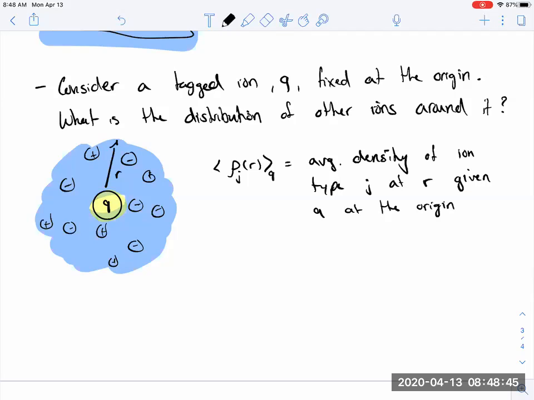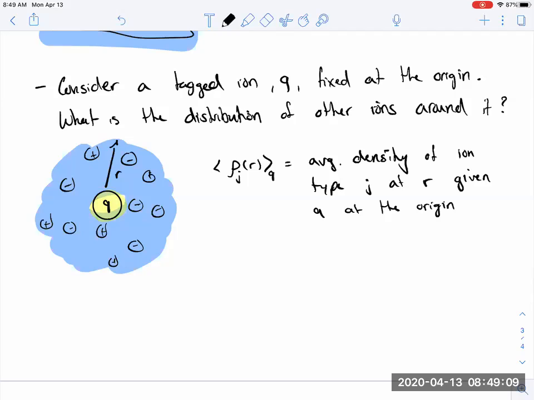That's going to be essentially the quantity we want to try to compute. How do ions distribute themselves around this tagged ion at the origin? Noting that there are both cations and anions, the way anions might surround the charge at Q might be different from cations around Q.